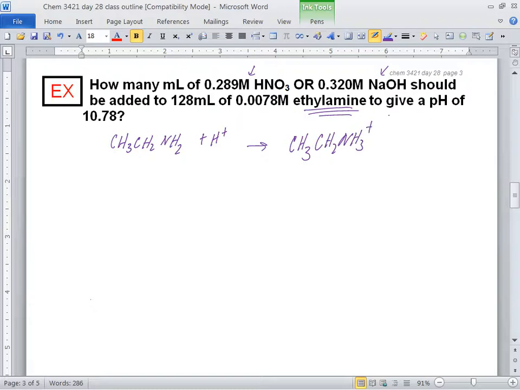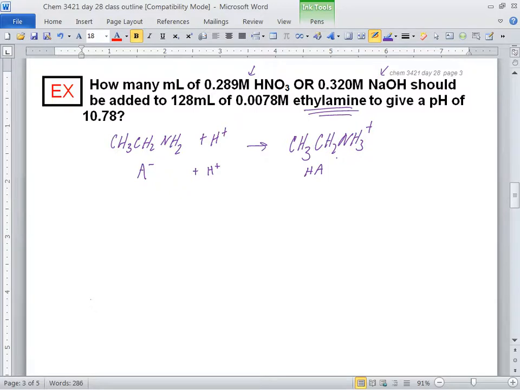So you can write this reaction, or since you're just making a mole table, it really doesn't matter as long as you have the right format. You're identifying a conjugate base, reacting with an acid, forming the conjugate acid. What general term have we been using for a conjugate base? A minus. So couldn't we just write A minus plus H plus gives HA? Either one works. Whatever makes the most sense to you is what you should do.